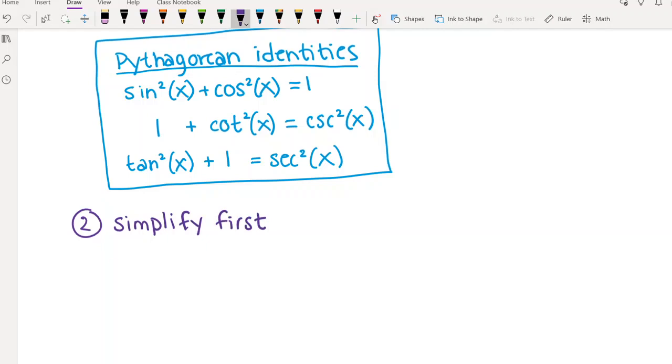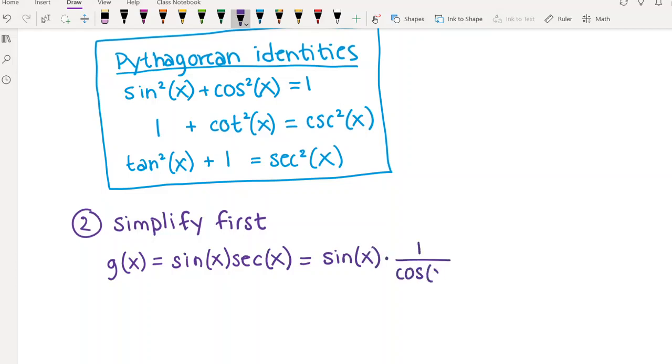If we have g of x equal to sine of x times secant of x, we can rewrite that as sine of x times 1 over cosine of x. And that's the same thing as sine of x over cosine of x, which is the same thing as tangent of x. So our original function all along was just tangent of x.